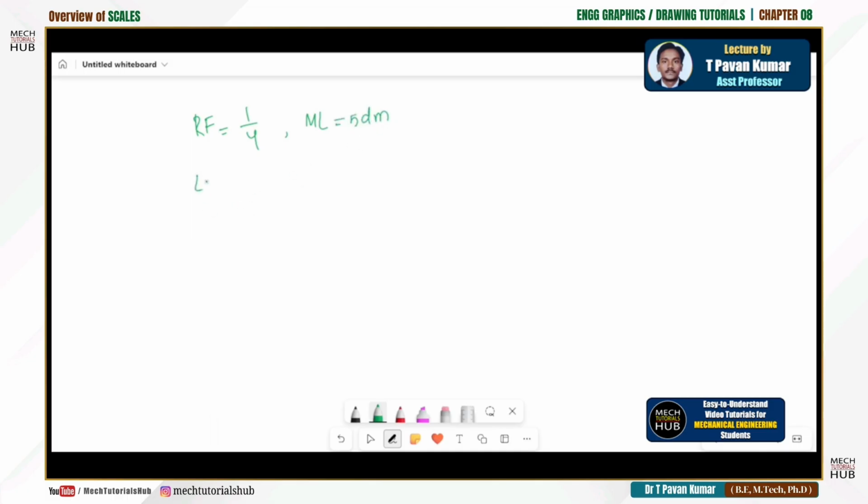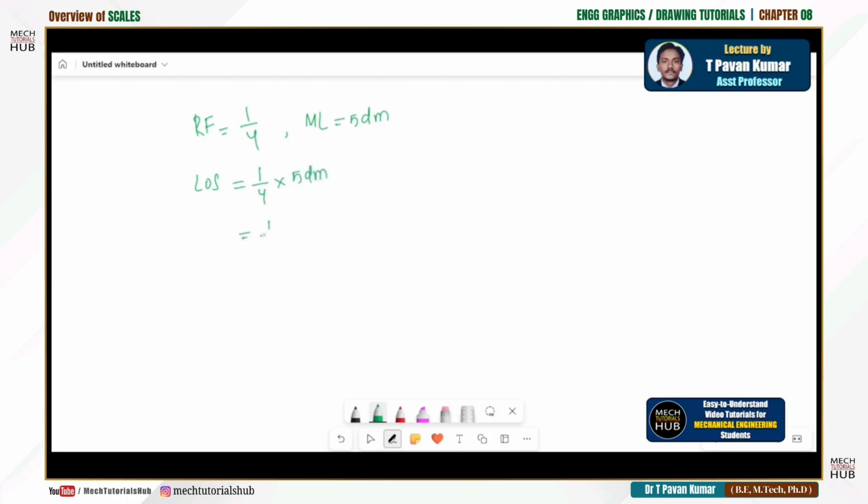Now, to calculate the length of the scale, because ultimately we need to draw on a drawing sheet using a centimeter and millimeter scale only, we have to convert everything into centimeters. LOS, length of scale, is equal to 1 by 4, which is RF, into ML, that is 5 decimeters.